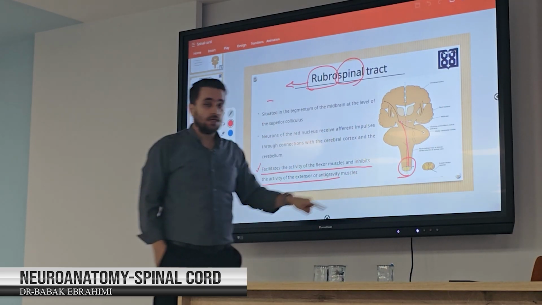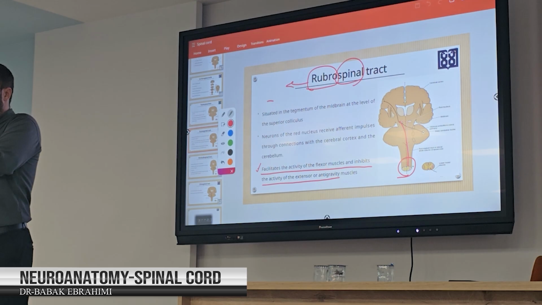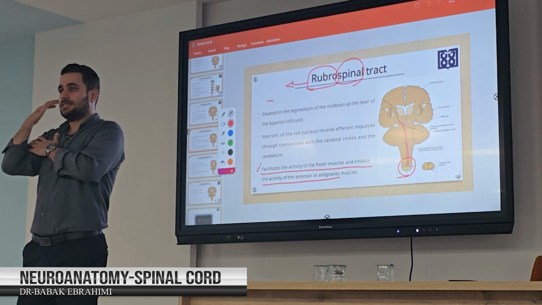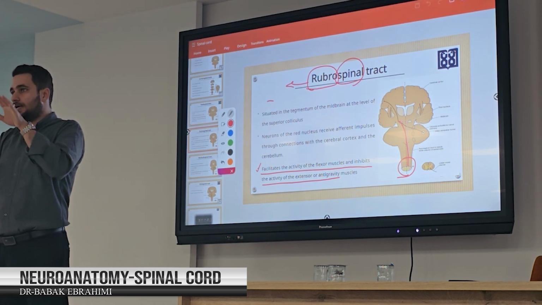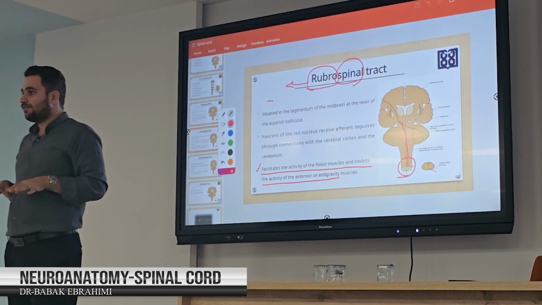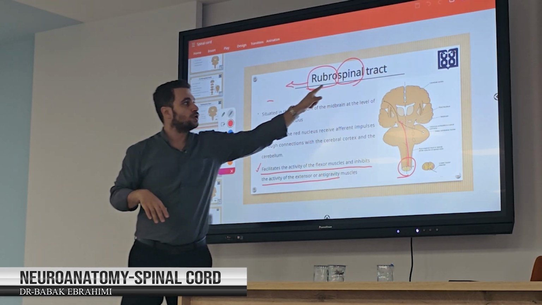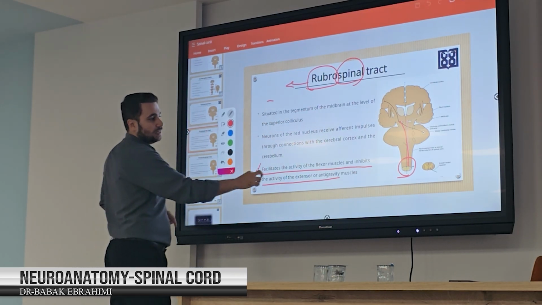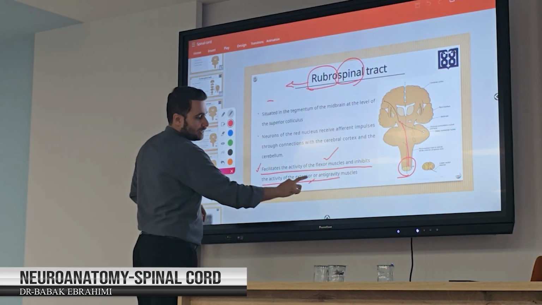To do what? To facilitate the flexor muscle. Okay, facilitating the flexion. If you want to flex one of your muscles, you must inhibit the extensor muscle. They are antagonists. They are on opposite sides. So for example, you flex something by means of the rubrospinal tract. Understand? It facilitates the flexor muscle and inhibits the activity of the extensor muscle.